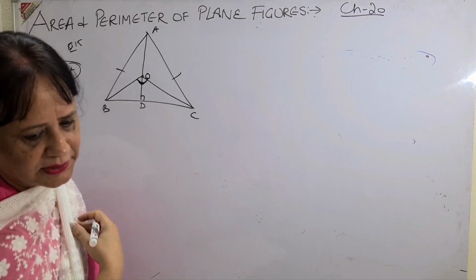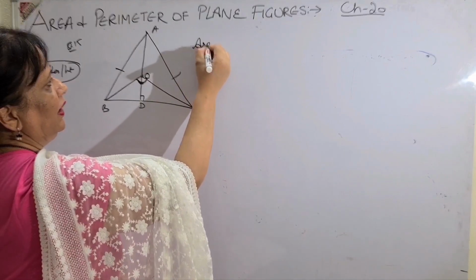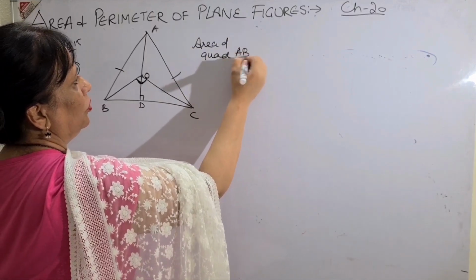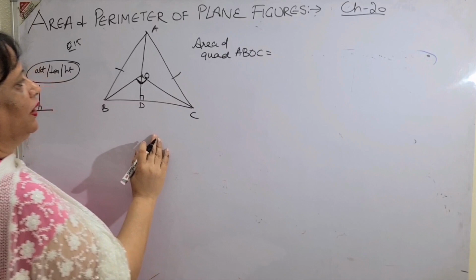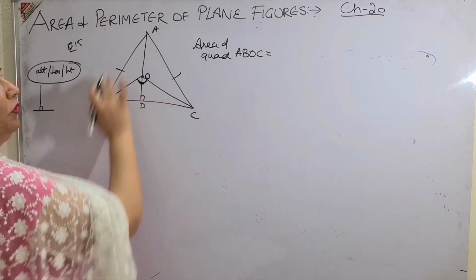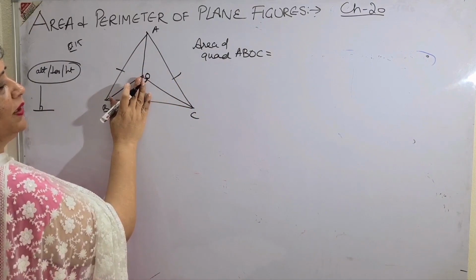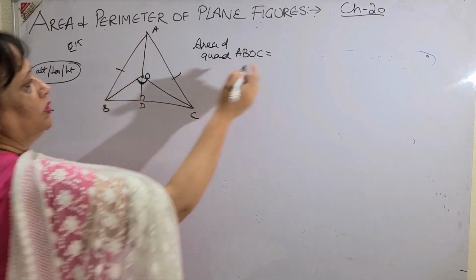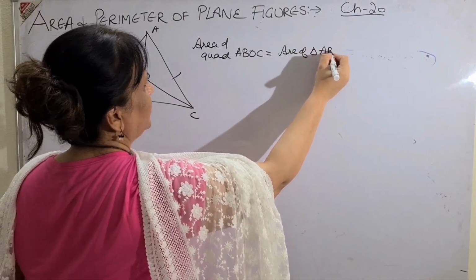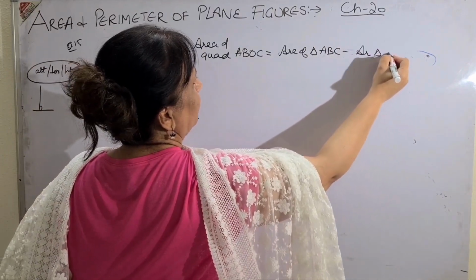Now, we have been asked to find the area of quadrilateral ABOC. It's very simple, children. If I minus the area of triangle BOC from ABC, I will get the area of quadrilateral ABOC. I will subtract BOC from full triangle. So I am writing here area of triangle ABC minus area of triangle BOC.